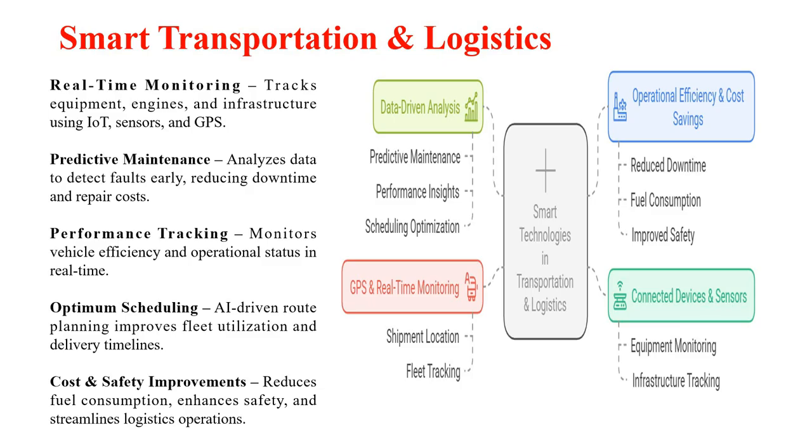Okay, and the operational efficiency and cost savings, that is cost and safety improvements, will reduce downtime and fuel consumption through predictive analytics. These will improve safety by detecting mechanical issues before failure occurs, and better planning and resource allocation through intelligent scheduling.